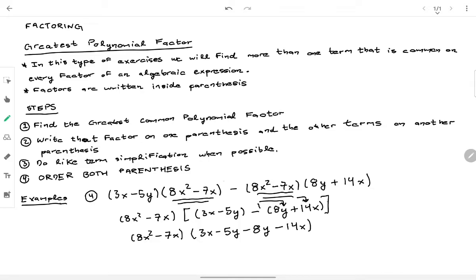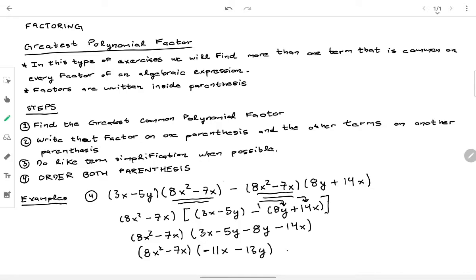So in this case, we are going to have something like 8x squared minus 7x. That will multiply 3x minus 14x minus 11x minus 13y. That will be the correct order.